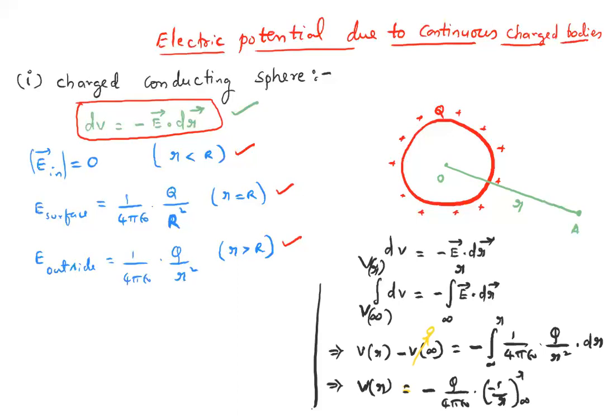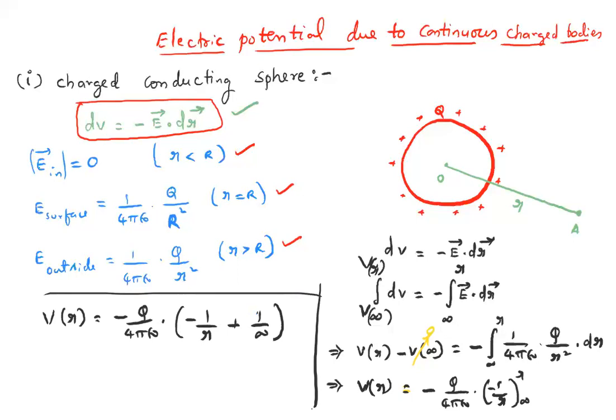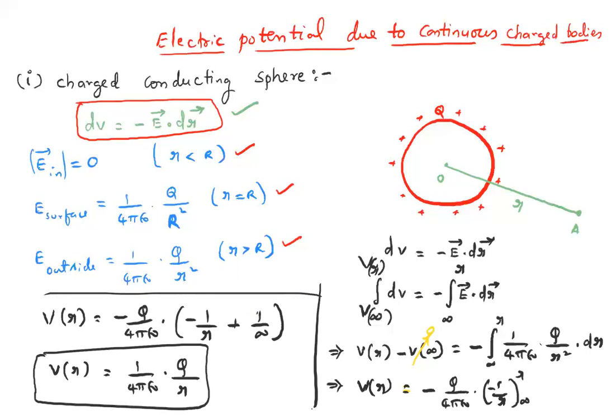Then V of r is equal to minus Q by 4 pi epsilon naught times minus 1 by small r plus 1 by infinity, which gives V of r equal to 1 by 4 pi epsilon naught capital Q by small r. This is the potential at a point which is outside.